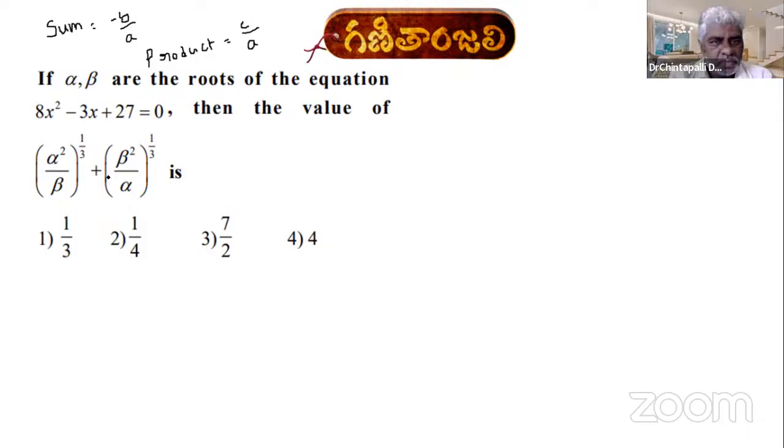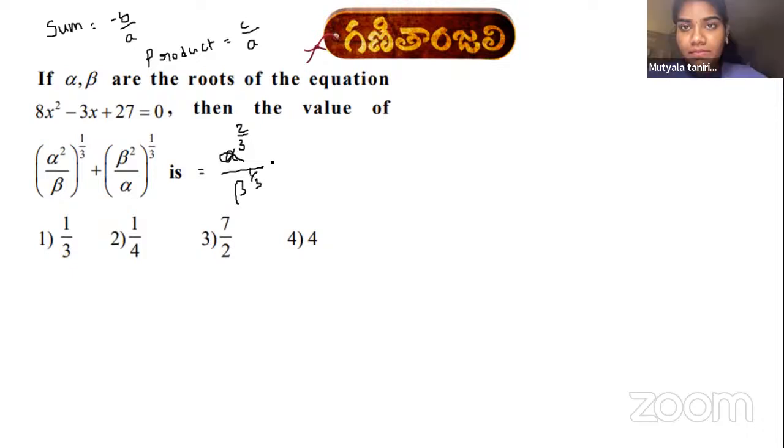Now, it is LCM. A square whole power 1 by 3 means A power 2 by 3. Alpha to the power of 2 by 3 whole by beta power 1 by 3, plus beta to the power 2 by 3 whole by alpha to the power 1 by 3.